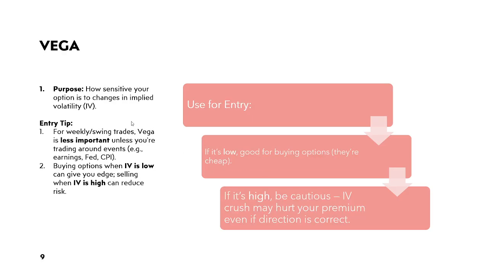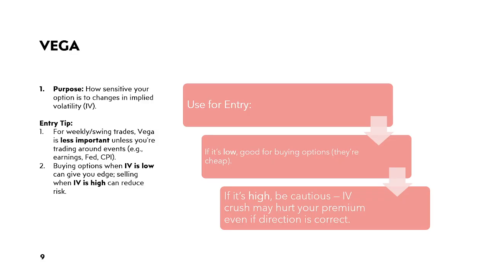to get us there. This is one we didn't really talk about before, but this is Vega, and it's how sensitive your option is to change in implied volatility. So we'll go over IV here in just a second, but Vega really just measures how sensitive your option is.